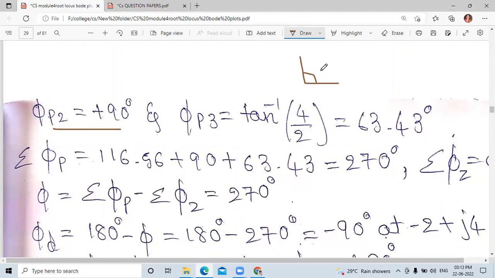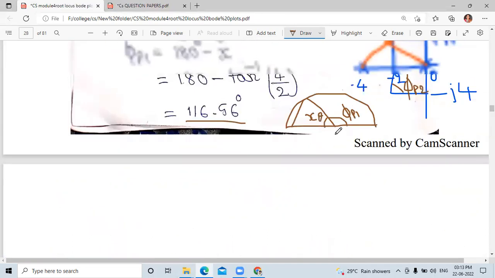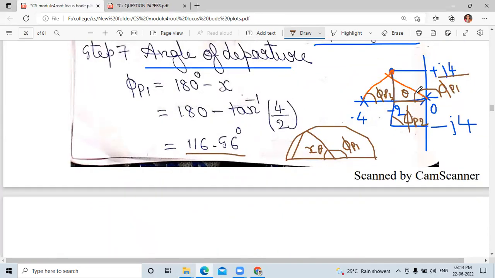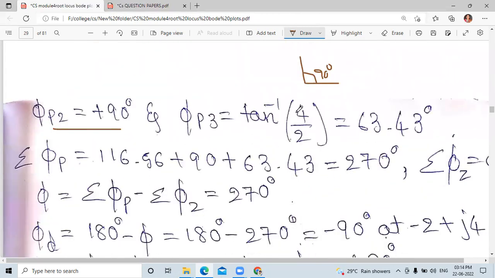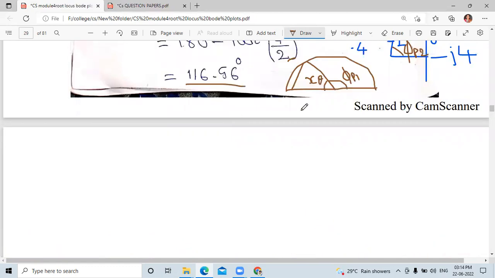Next, for phi 3, tan inverse of opposite divided by adjacent. The opposite is 4 and the difference, minus 4 minus minus 2, is 2. So tan inverse of 4 divided by 2 gives 63.43. Now add the overall 90, 63.43 and 116.56.